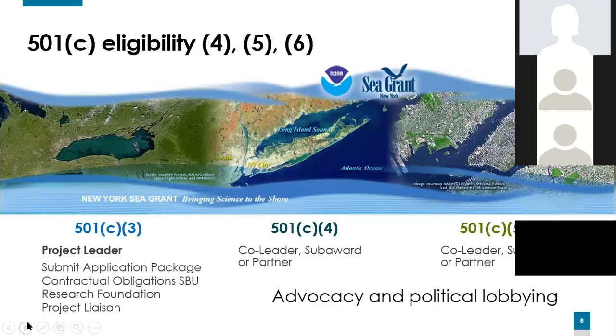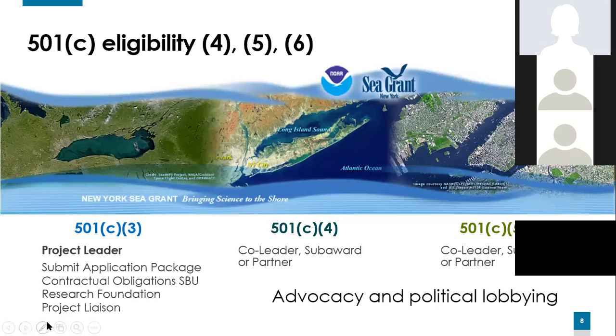Okay, so what was I saying now? So just to reiterate, the 501c3, their role would be to act as the project leader. They would be the ones responsible for submitting the application, the request. They would be the one, if selected, who will be contracted with Stony Brook University Research Foundation, and they will serve as the project liaison.